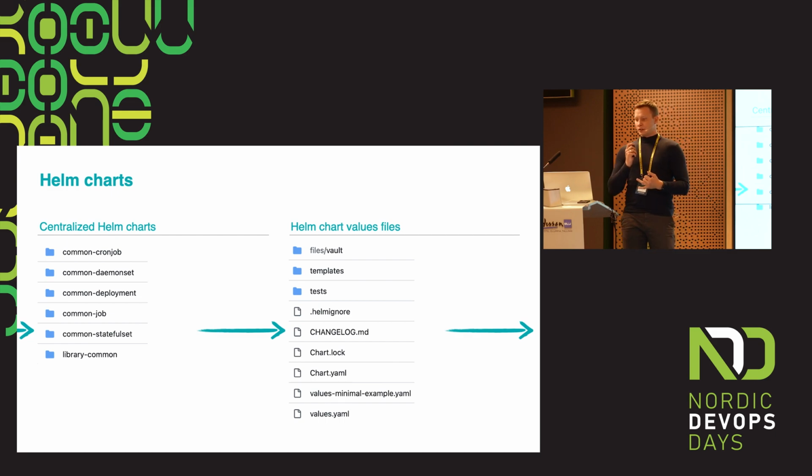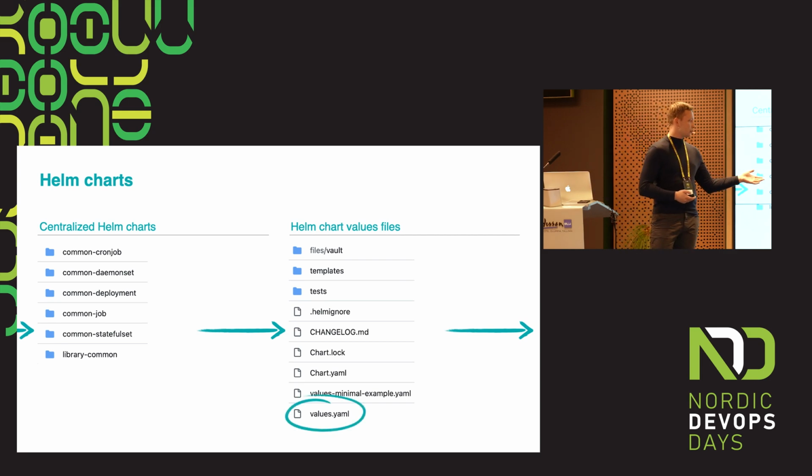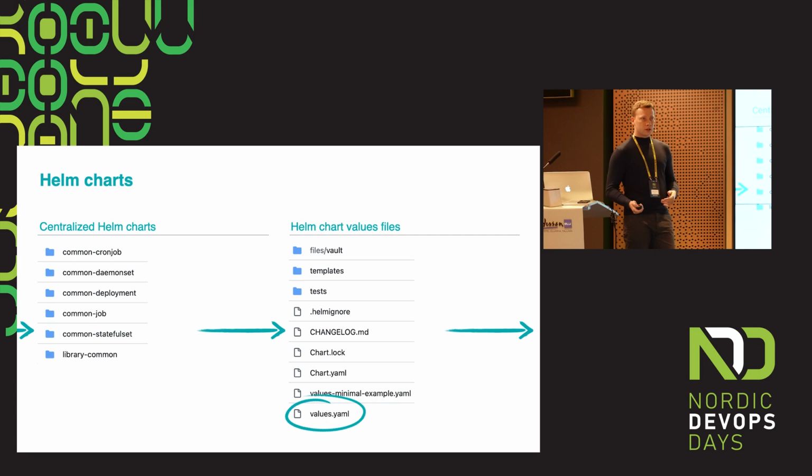We provide integrations with monitoring, logging, and some custom labels are automatically added. And if you want, you can have advanced deployments with sidecars and so on. And everything is stored and documented in our values file.